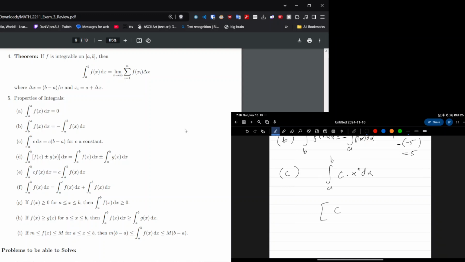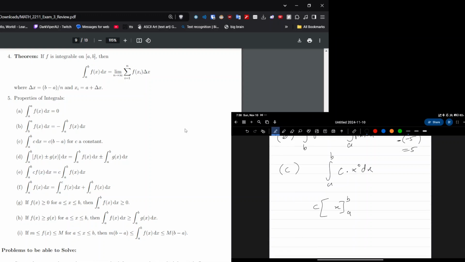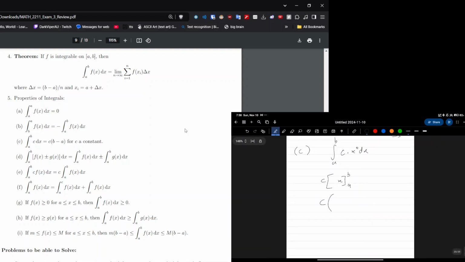The constants go out, and if we increase the power by 1, it would be x to the 1 over 1. So this would become c, and in the bound there would be x from b to a. So this would be c times b x minus a x. Oh, sorry, c of b minus a.